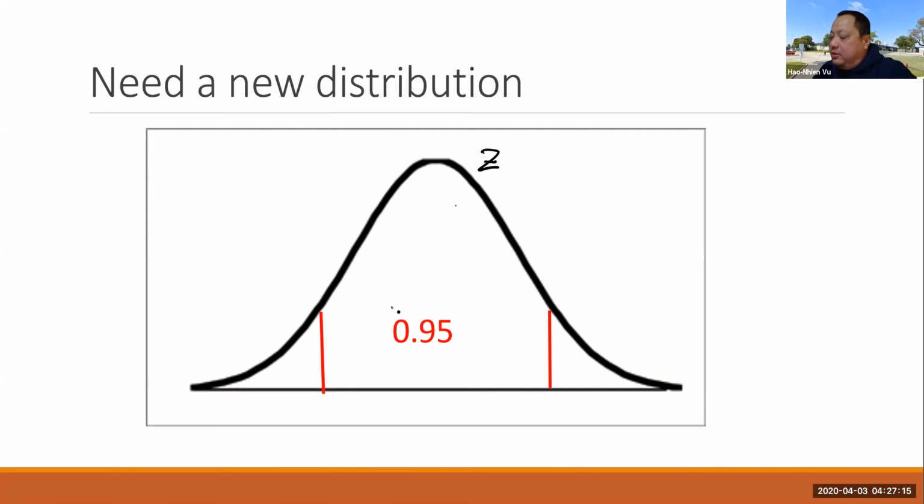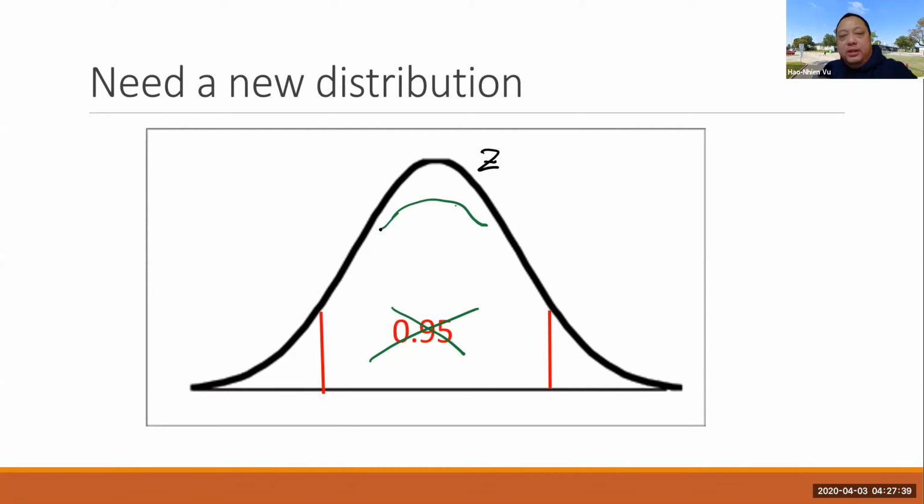That means this 0.95 confidence level in the middle cannot be 0.95. Whatever it is, it'll be less than 0.95. So the area cannot be 0.95, it has to be less. That means there'll be a smaller area in the middle.